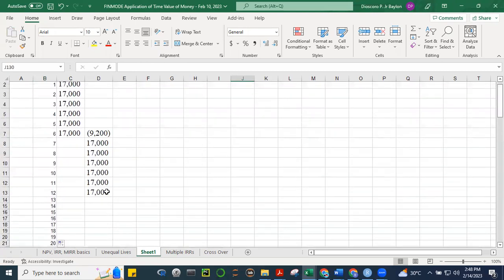So we repeat this cash flow, and then repeat it here.